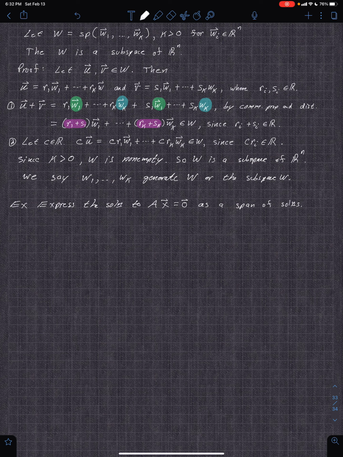This one is already simplified. Yeah, this one's already reduced. So suppose you have this homogeneous system. System looks like this.